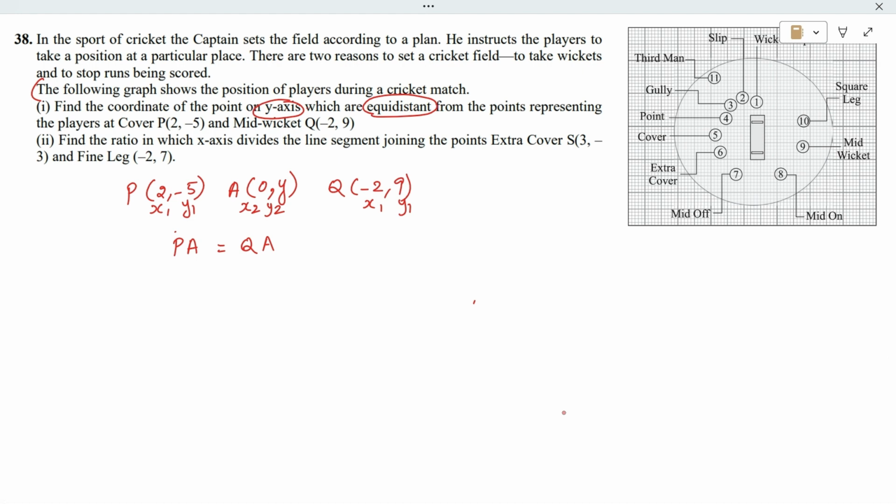And you know the distance formula between PA, that is root of x2 minus x1 the whole square plus y2 minus y1 the whole square. That is the distance formula which I am going to apply for PA.